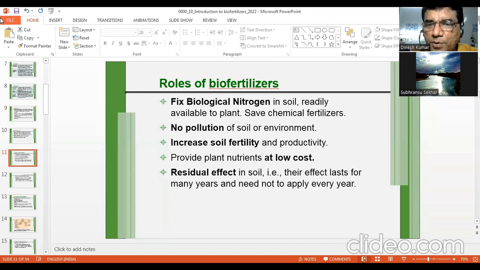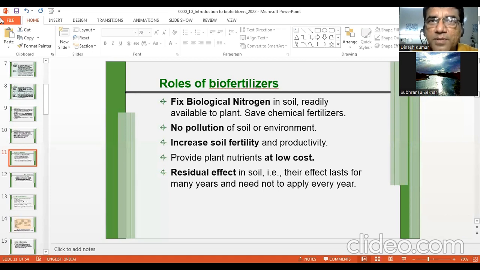They increase soil fertility and productivity, because they are adding nitrogen to the soil and they are also mobilizing and solubilizing phosphorus. Therefore, fertility is improved, and as fertility is improved, productivity is improved. Productivity is the result of improvement in fertility plus the growth promoting action of microbes.